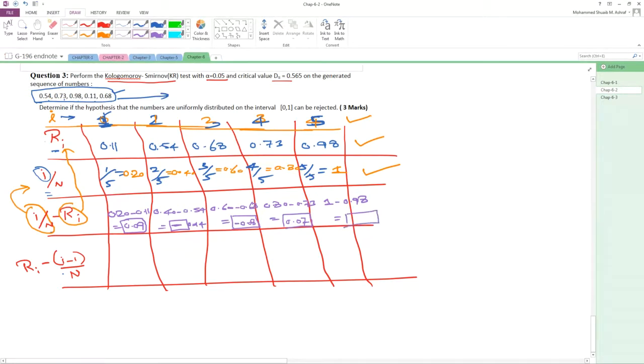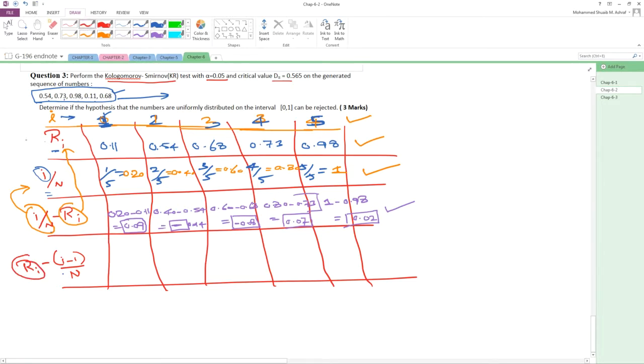Here 1 minus 0.98 is 0.02. Yes, 0.02. Okay, do you understand this? Any problem in this, students? Okay, so this is understood.